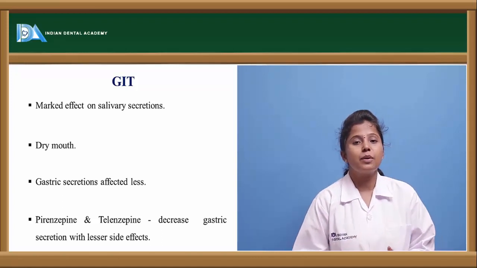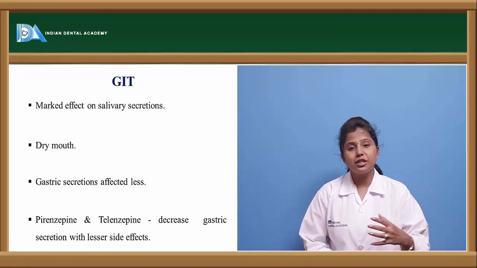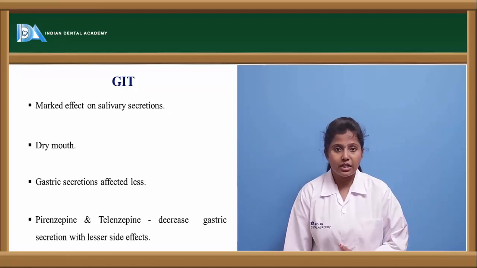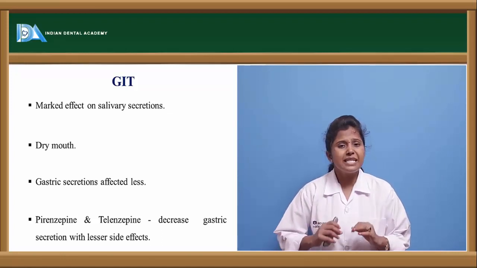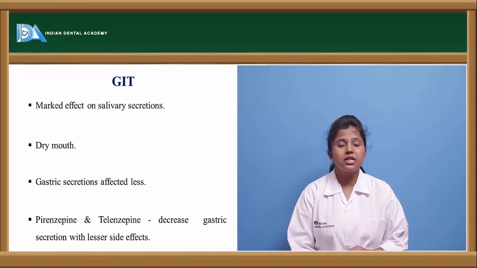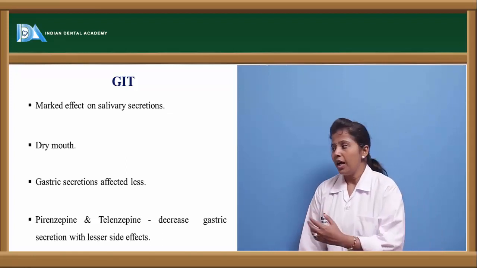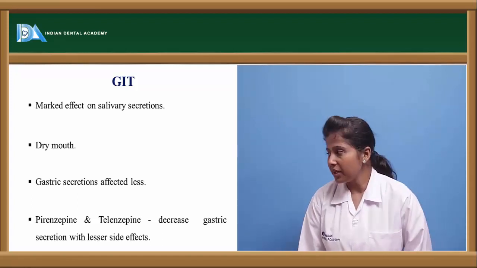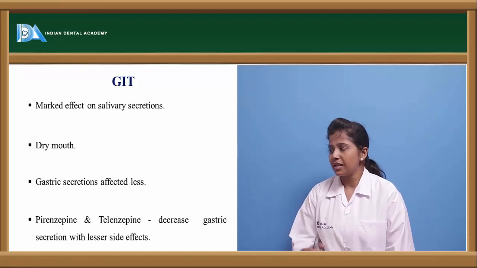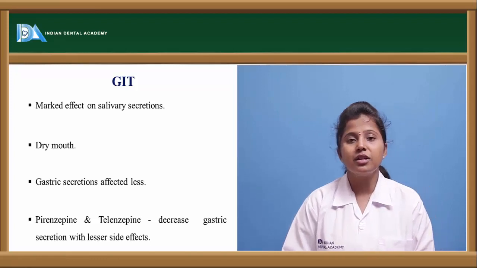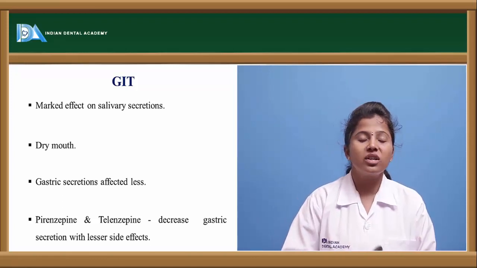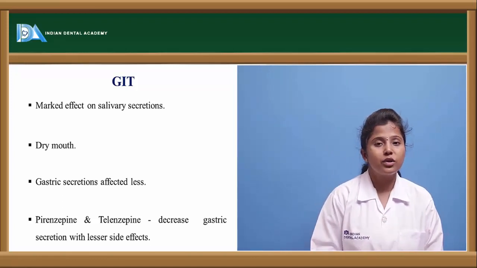Gastric acid secretions will also be altered. So the secretions produced in the gastrointestinal tract will be reduced. Because of these antimuscarinic drugs, whatever secretions are produced in the body can be reduced. Drugs like pirenzepine and telenzepine cause decreased gastric acid secretion, but compared to other drugs, these drugs have fewer side effects.